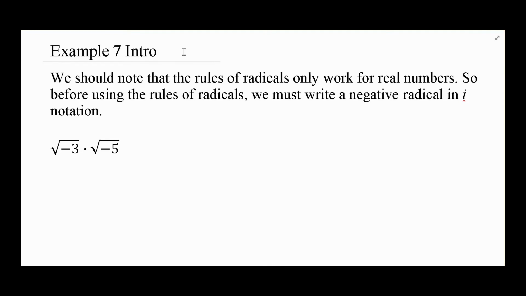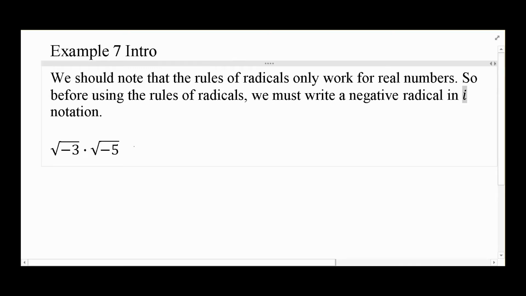So earlier I was talking about certain rules in math that don't work for imaginary numbers, that only work for real numbers. One of those rules is our product property for radicals. So when we're looking at the square root of -3 times the square root of -5, I can't simply call this the square root of -3 times -5.